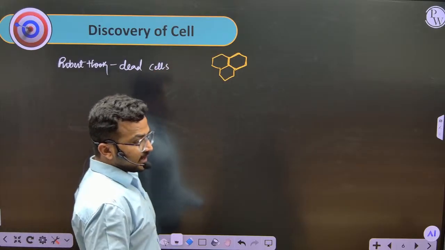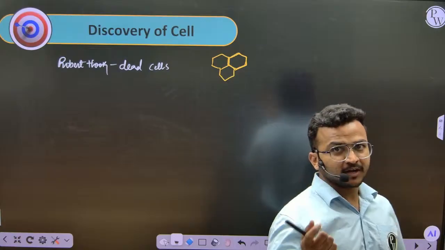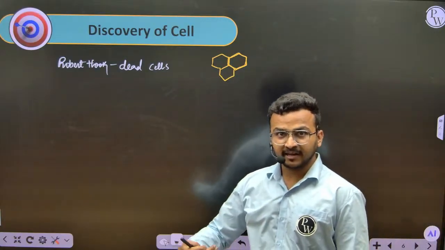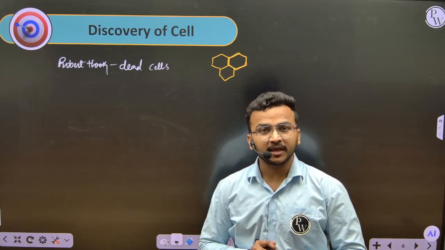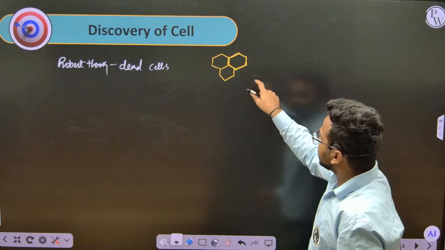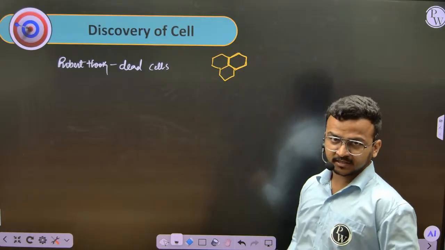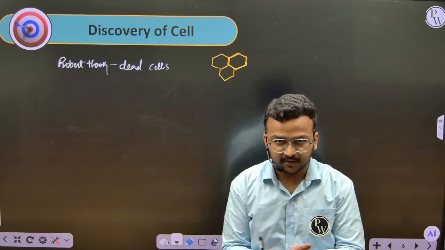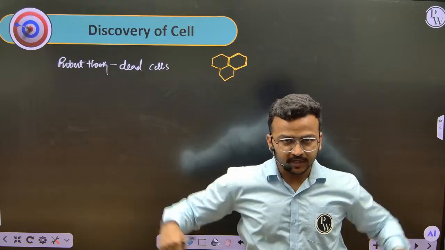He observed a cork, in the sense the bark of the tree, where the dead cells are. When he observed it under the microscope, he found a small room-like structure, a small room with four walls.